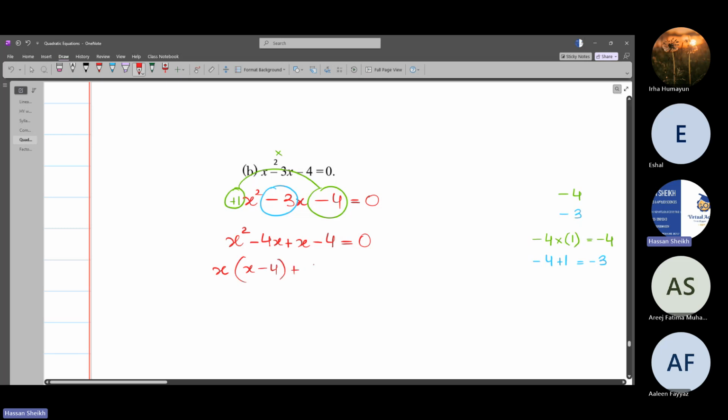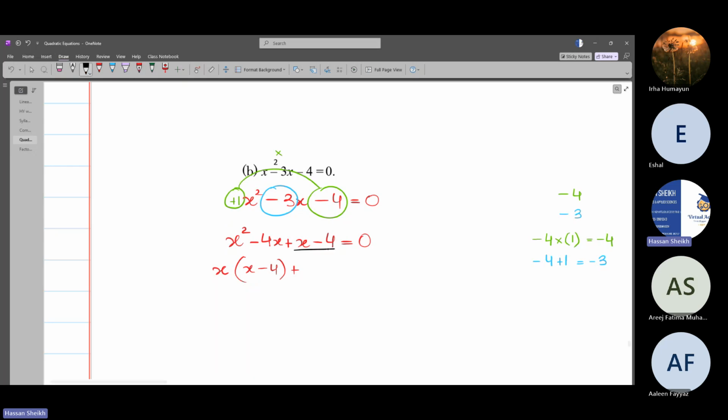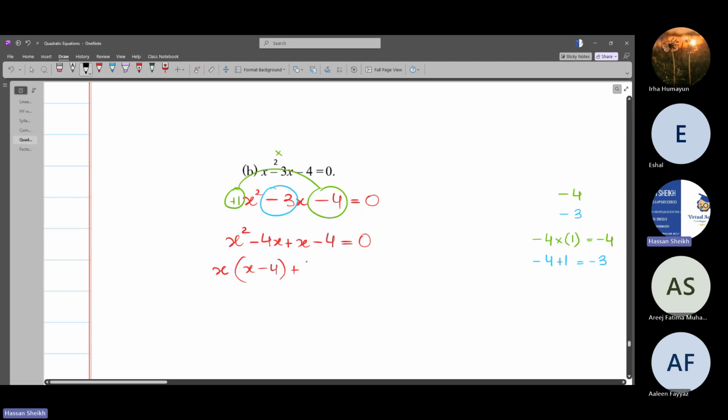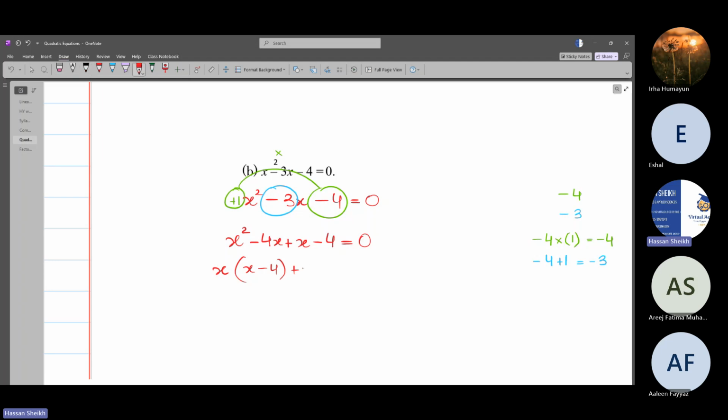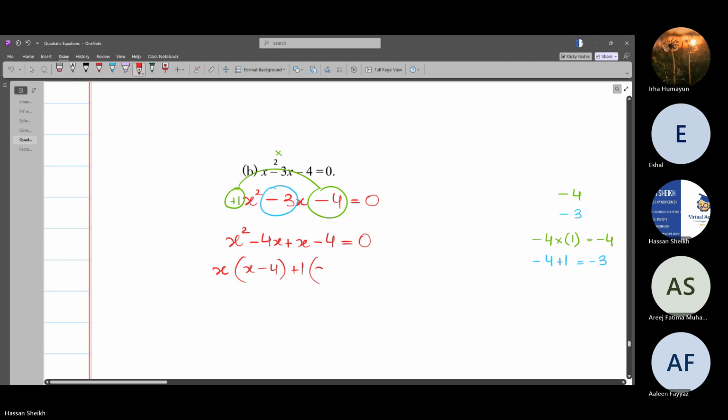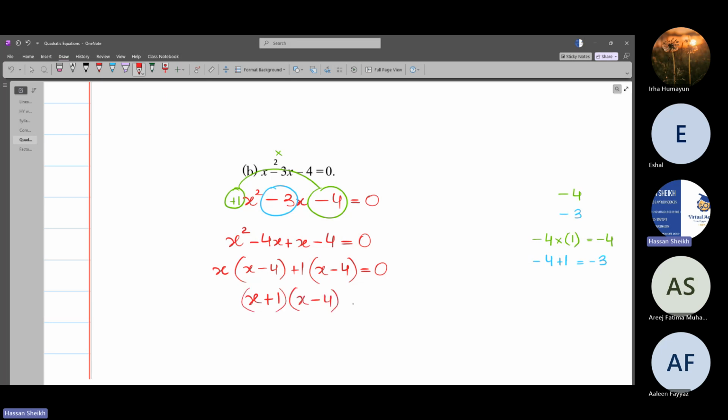And then we take plus, when there is nothing common. Do we have anything common between x plus 1x and minus 4? Nothing common. So when there is nothing common, you can take 1 as common because 1 is common to all. Do you agree that 1 is common to all? Yes. Then it's x plus 1 times x minus 4 equals 0.